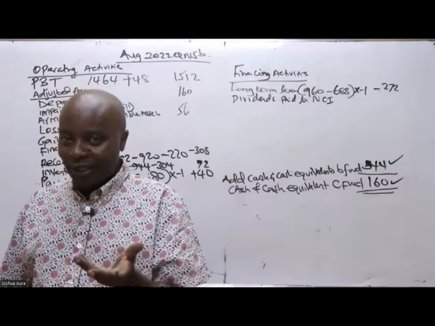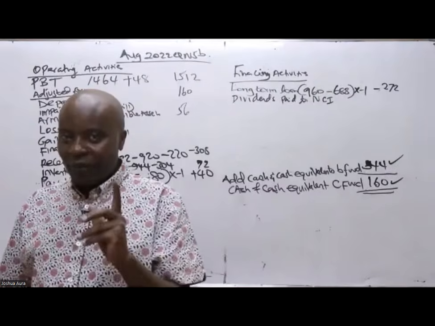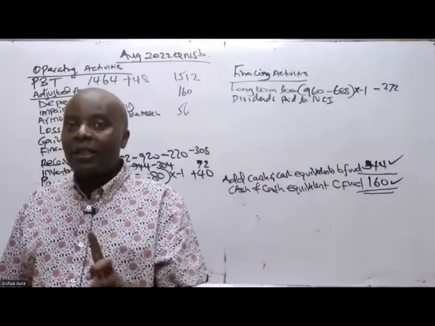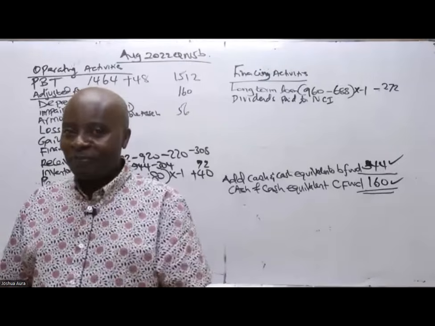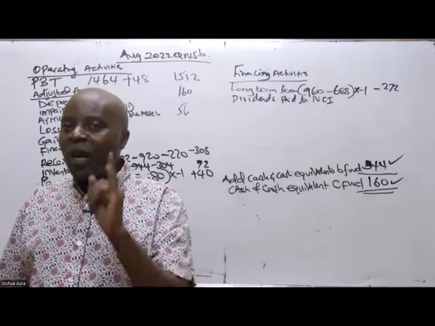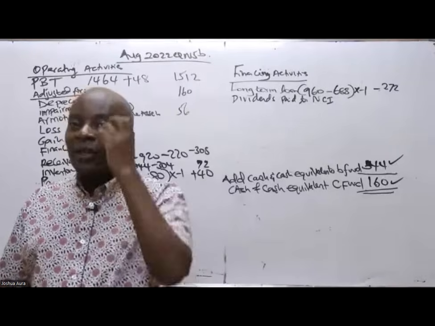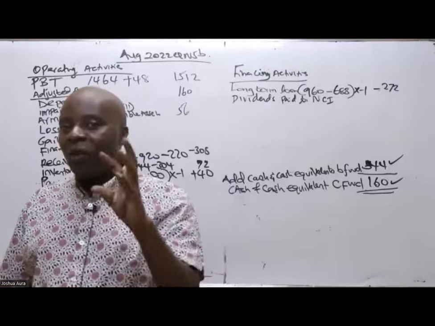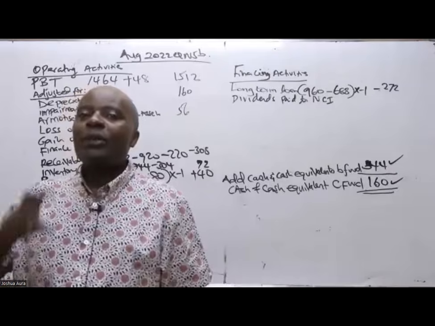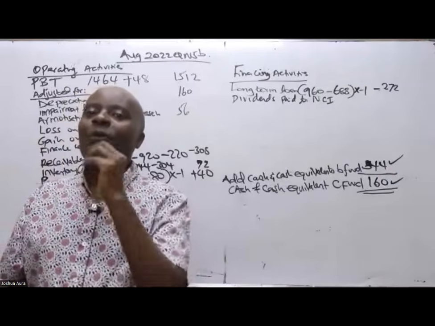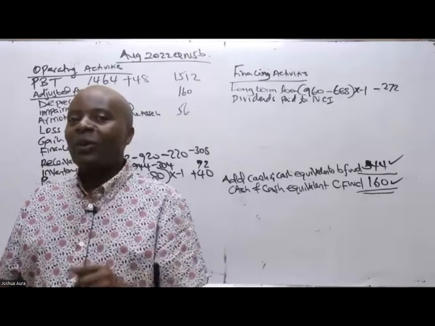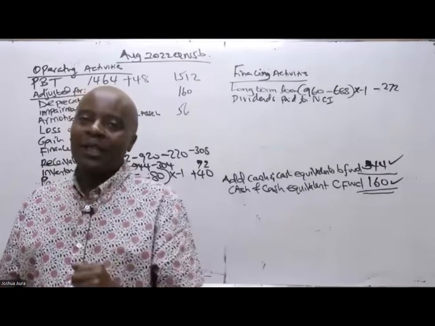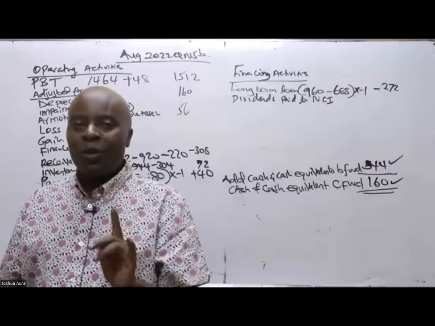And if that is the case, then I would rather start with a working on Goodwill. The Goodwill working that I'll always start with is Goodwill for subsidiary acquired in the year or subsidiary disposed of in the year. Here we never had any subsidiary acquired, but we have a disposed subsidiary.